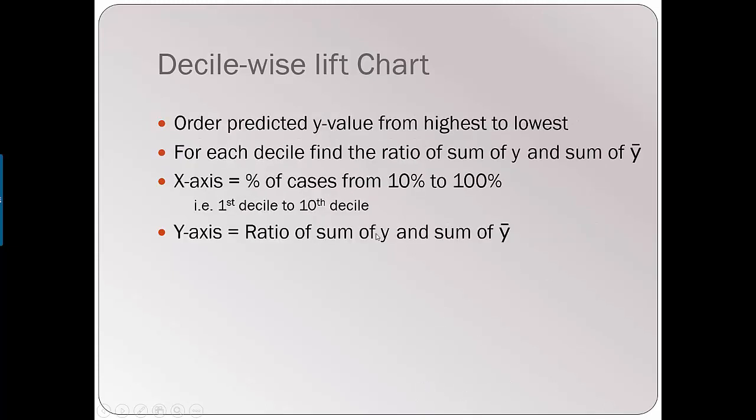So order the predicted y values from highest to lowest and divide them into 10 equal parts. SAS does it in 20 equal parts, remember that. For each decile, find the ratio of sum of y and sum of y bar, and then plot that ratio.